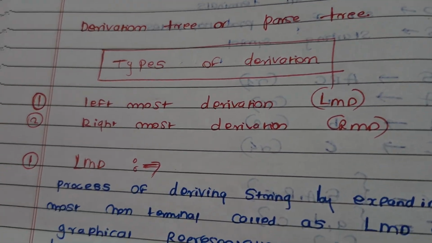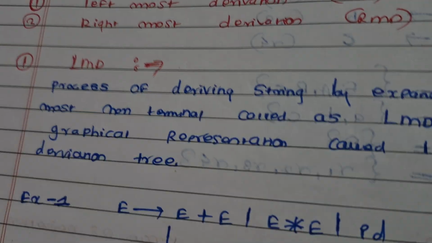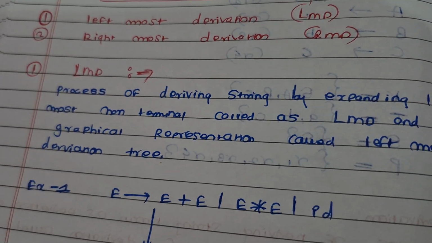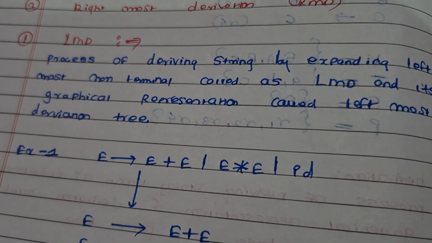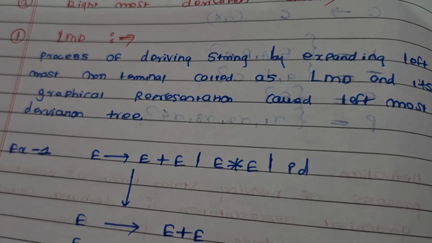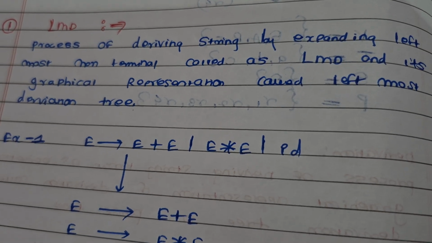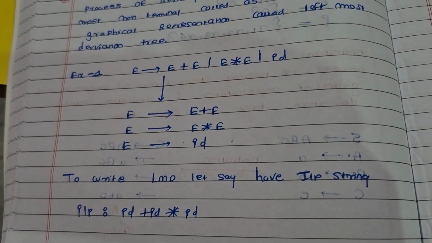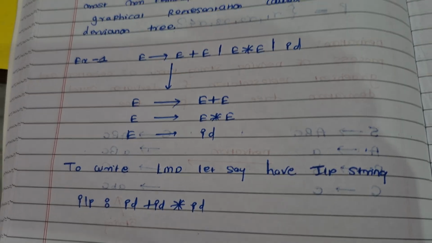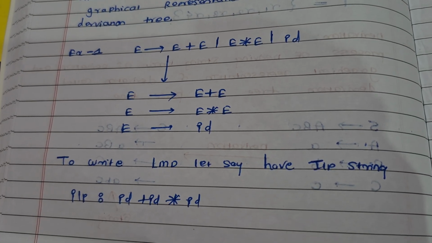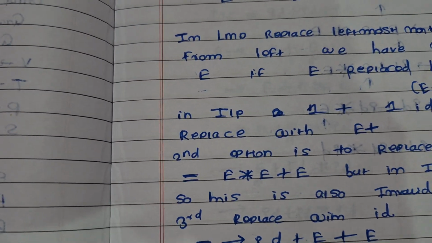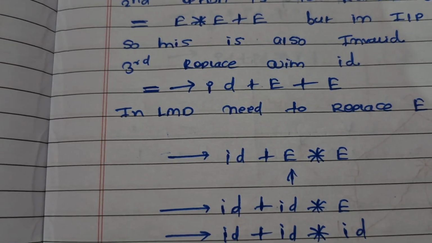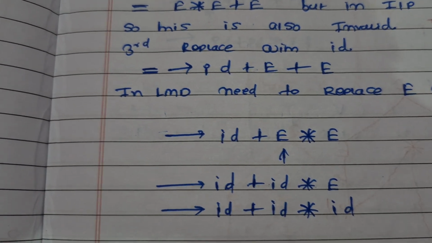Types of derivation are leftmost derivation and rightmost derivation. LMD is the process of deriving a string by expanding the leftmost non-terminal, and its graphical representation is called the leftmost derivation tree. To write LMD, we have an input string, id plus id into id, and we replace in that sequence.